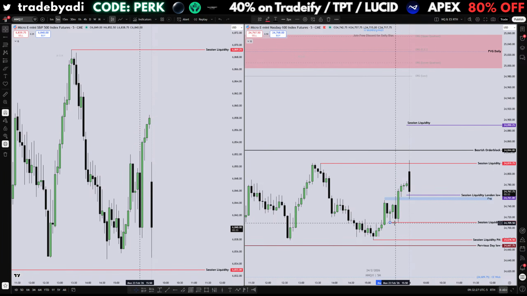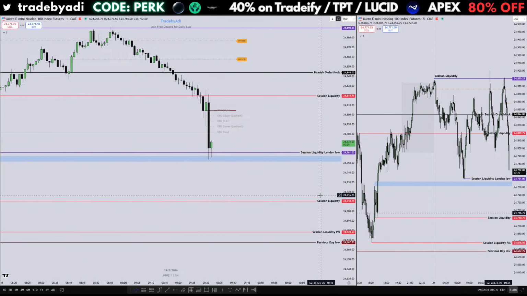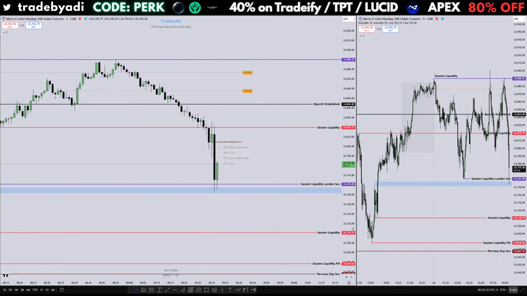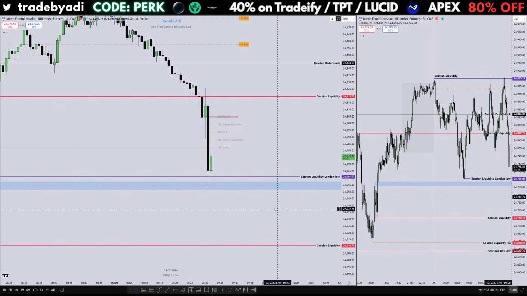This equal low is also a good point for the target. This low, 24,710. Yeah, let's wait.